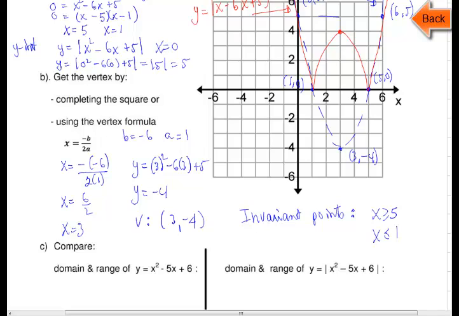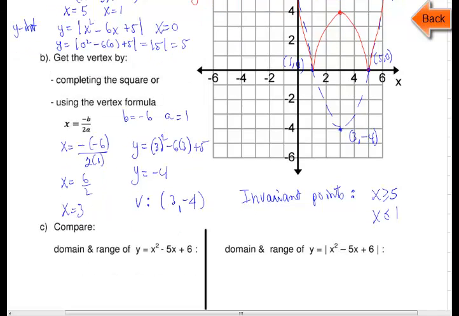All right, let's take a look at our domain and range for both functions. Okay, so for the blue parabola, that's our original related function. Okay, the domain is all reals, and our range, if you take a look, our bottommost point is where y is negative 4, so everything above that, so y is greater than or equal to negative 4.